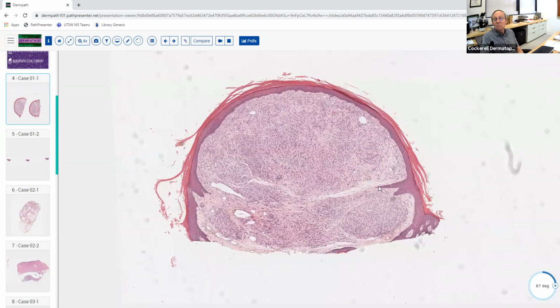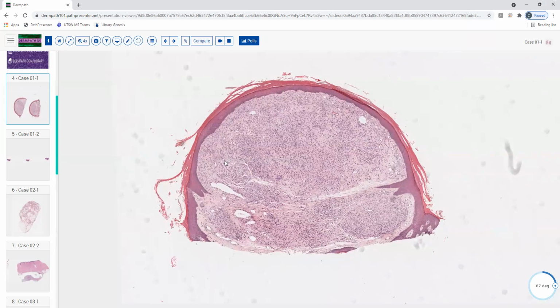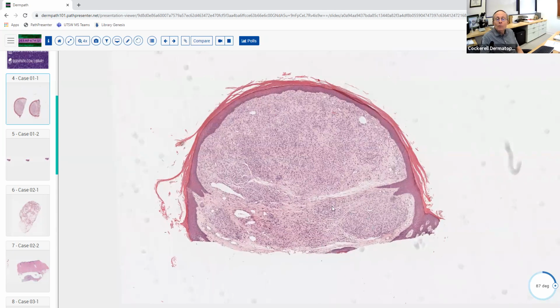No. It doesn't look like squamous epithelium. It doesn't really look like a hair follicle. There's no follicular, there's no basaloid, there's no sebaceous, there's none of those things. So it's almost by process of elimination. You say, well, it doesn't look like any classic epithelium here, so it's probably not going to be epithelial. It's possible, but it's probably not.